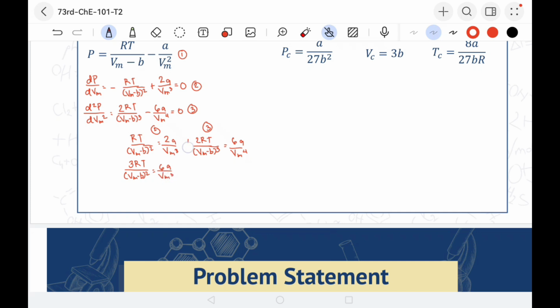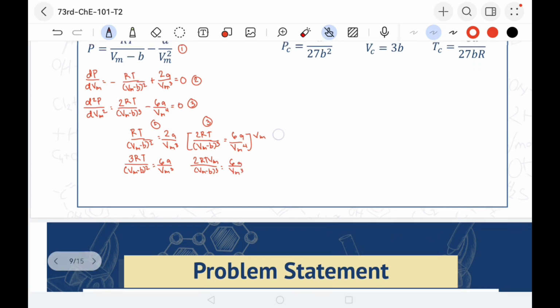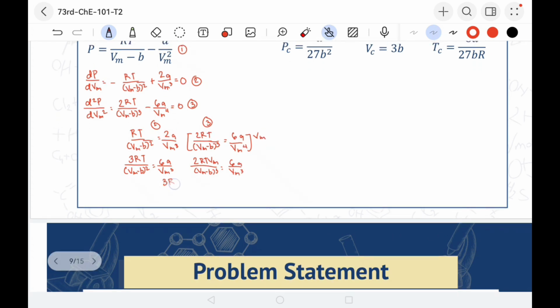And then for equation 3, we could multiply the entire thing by Vm to get 2RT Vm over (Vm minus B) cubed equals 6A over Vm cubed. We can now equate these two terms together to get 3RT over (Vm minus B) squared is equal to 2RT Vm over (Vm minus B) cubed.